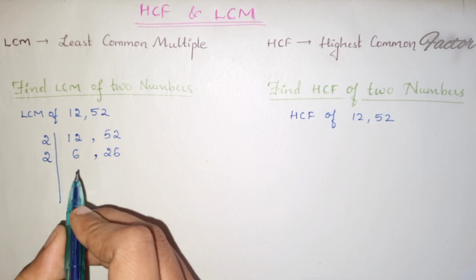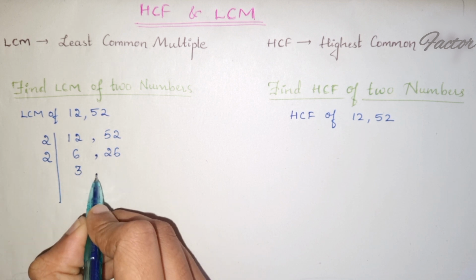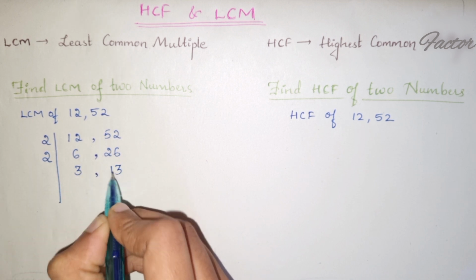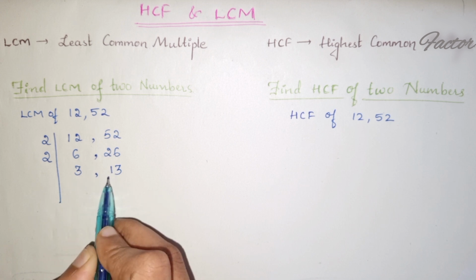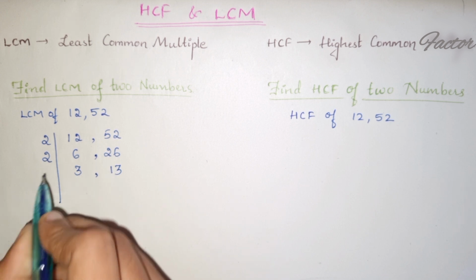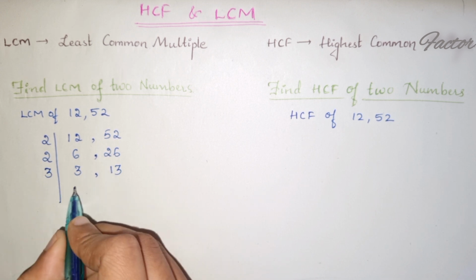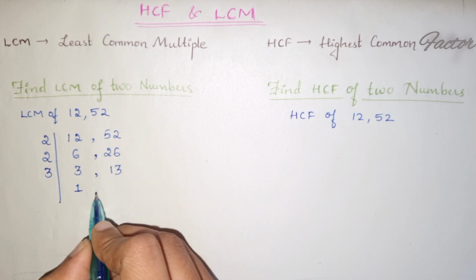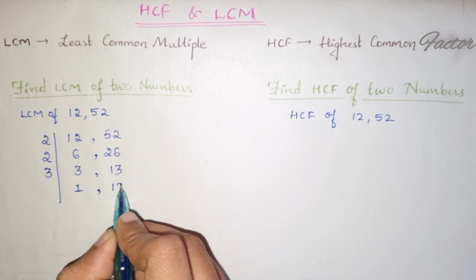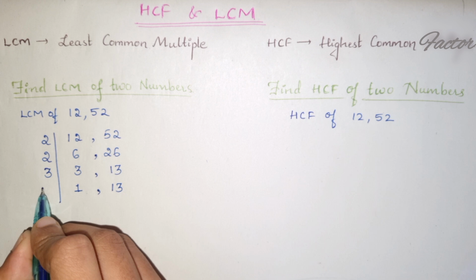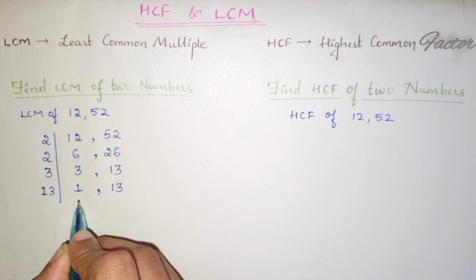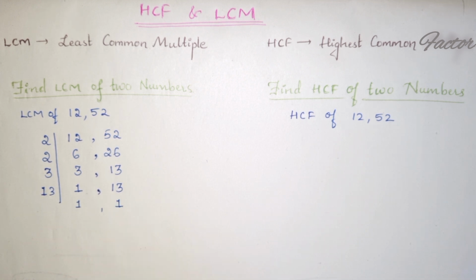So again I will take 2: 2 3s are 6, 2 13s are 26. Further it cannot be factorized using 2, so we can try 3. 3 1s are 3, but 13 isn't divisible by 3, so we'll write it as it is. Next 13: 13 1s are 13.